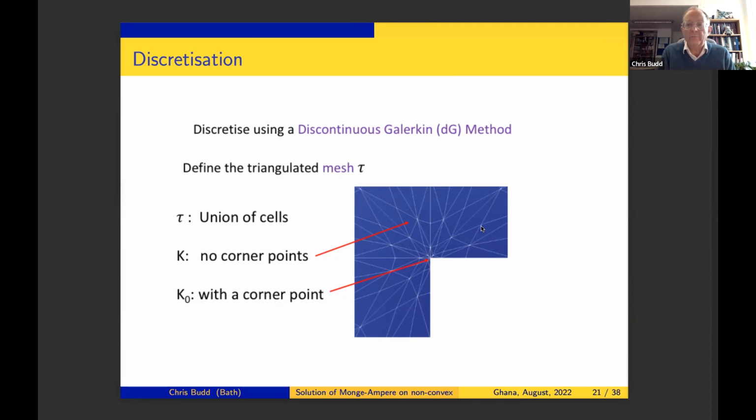This is a sneak preview: it's actually the sort of mesh that is constructed using the Monge-Ampère type technology, where we have corner points and all sorts of nonsense like that. So that's our discretization. We use a piecewise linear discontinuous Galerkin method.